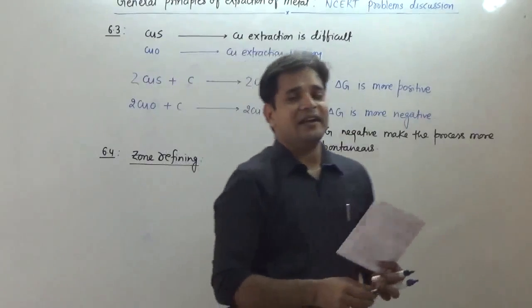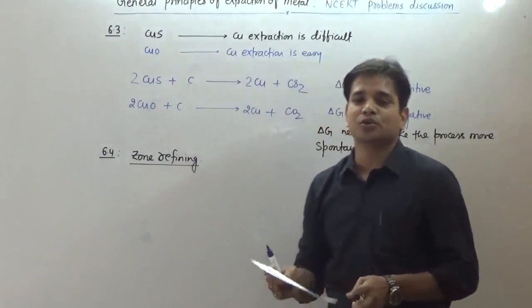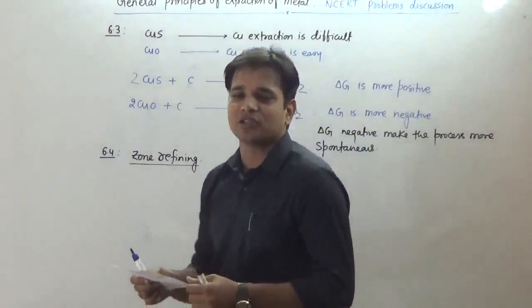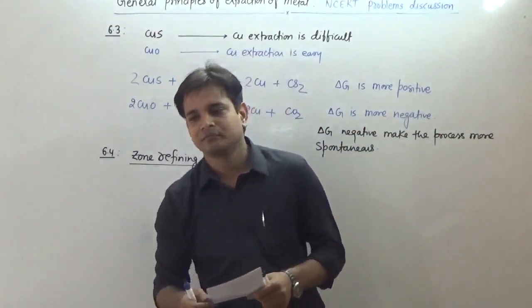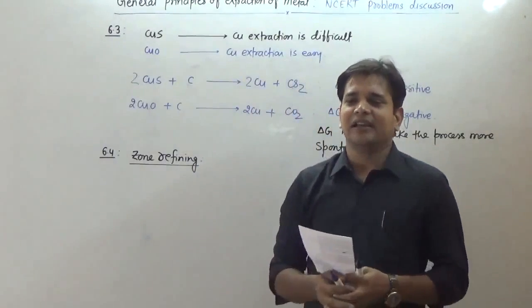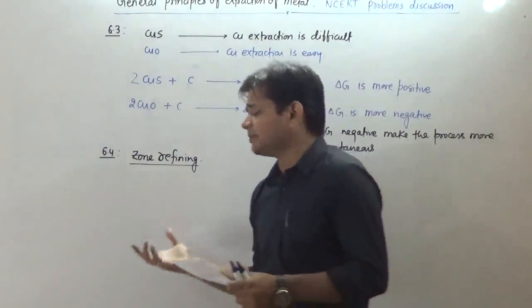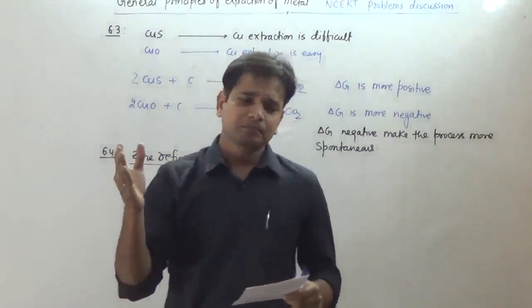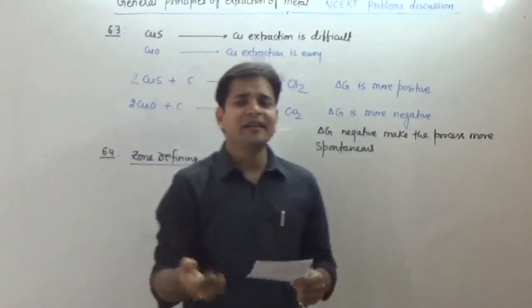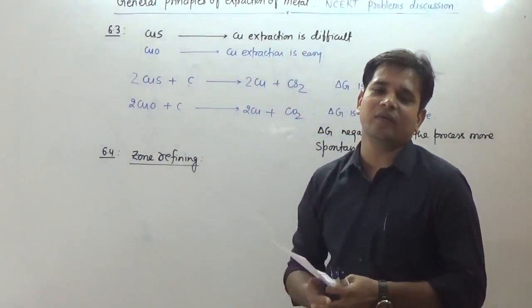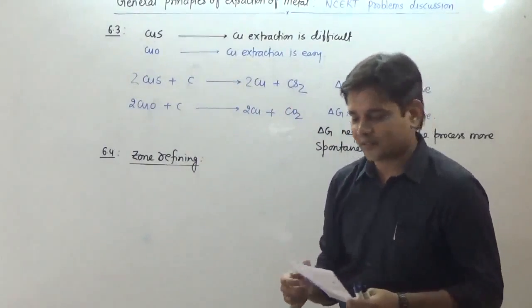Zone refining is a method used to purify semi-metals like germanium, silicon, gallium, etc. This method is based on the principle that impurities are dissolved more in the liquid, molten phase than in the solid phase.